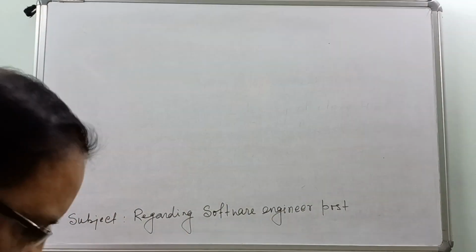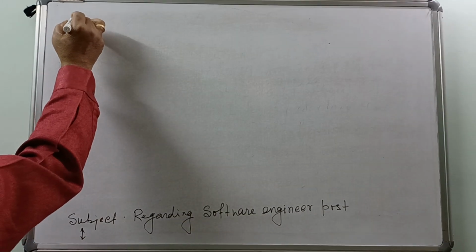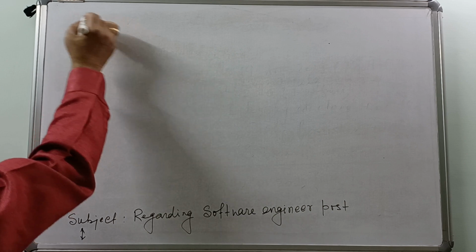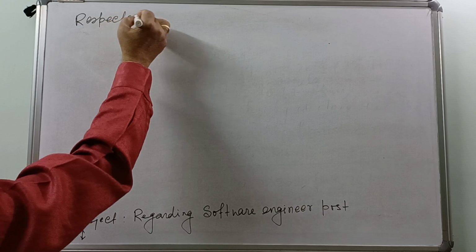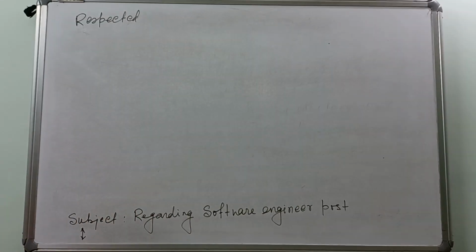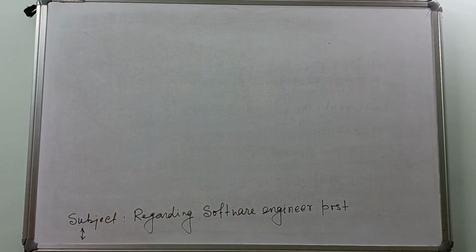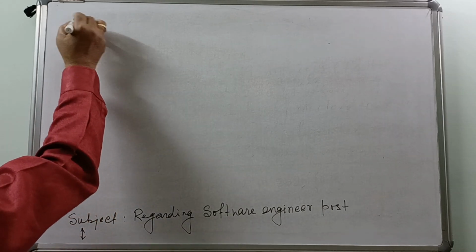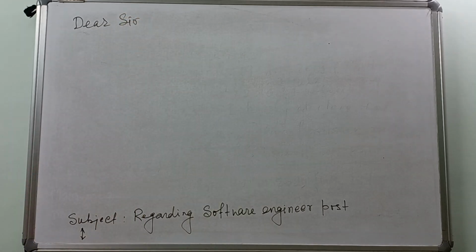After the subject you are going to leave one line once again, and then you will start from here. Either you may write sir or respected, or sometimes it is better you write dear sir. So you may write here dear sir. In this way you are going to begin.